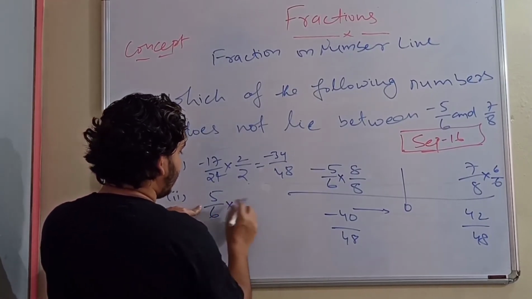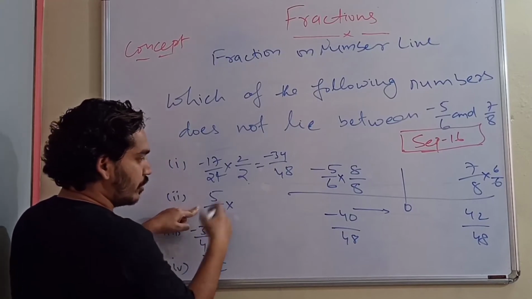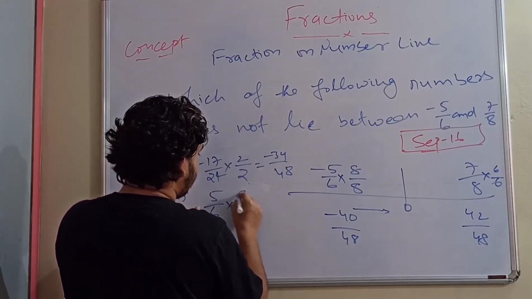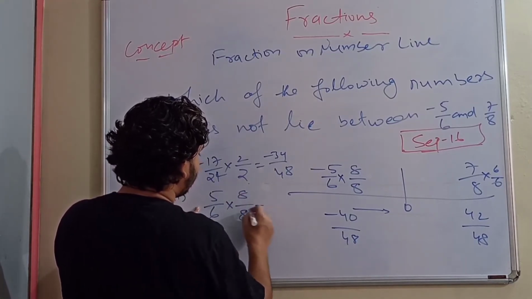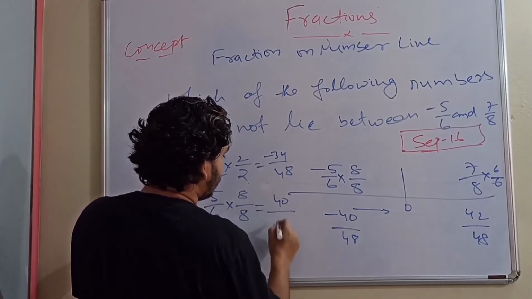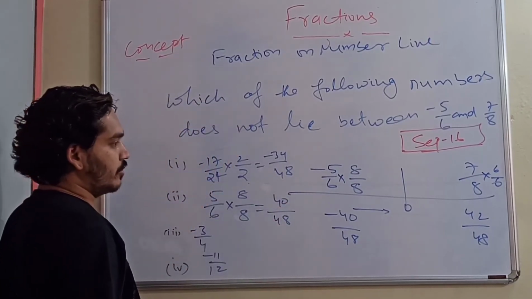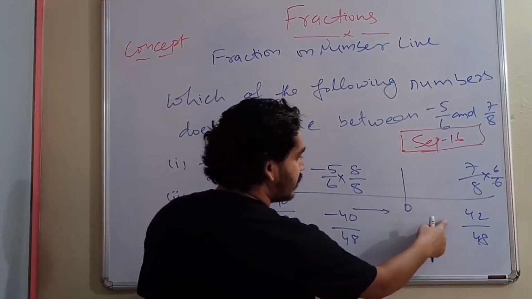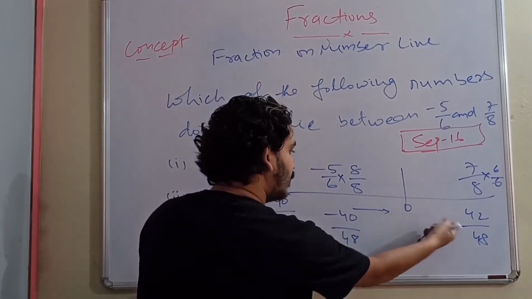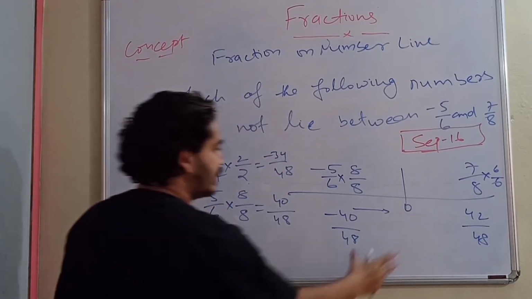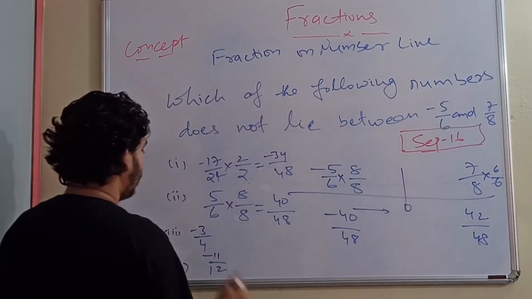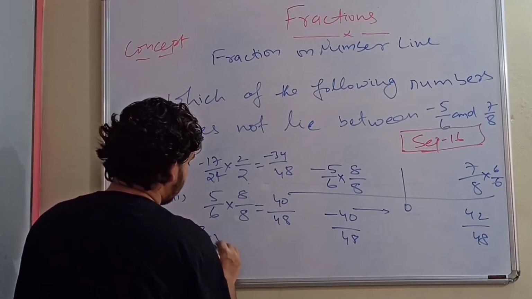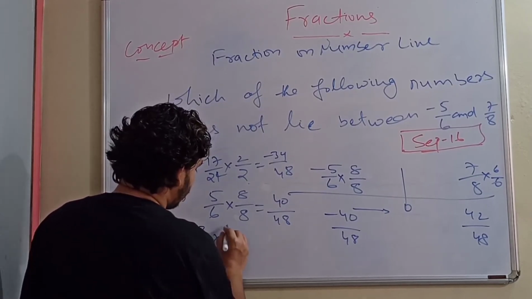Then coming to 5 by 6. If we multiply to make this into like fractions, multiplying and dividing by 8, what you get is 5 8s are 40, over 48. So our option is 40. It will be decreasing backward, 41, 40. It will be in the range of this, in between these numbers only. Coming to the third option, multiplying with what?